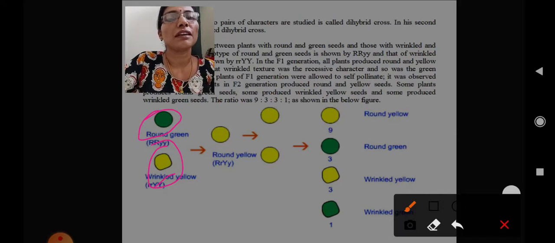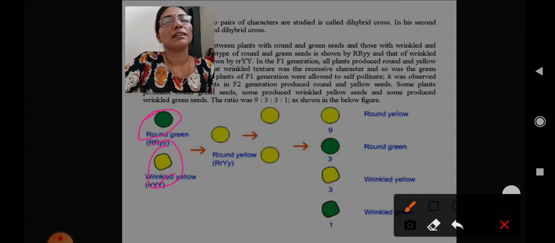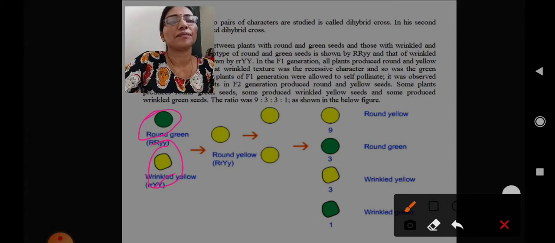Here this round character and yellow color are dominant. Green color and wrinkled character are recessive traits. You know now what is dominant trait and what is recessive trait.